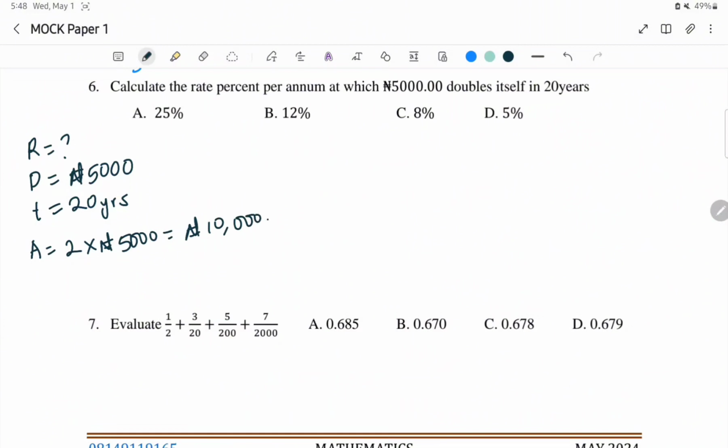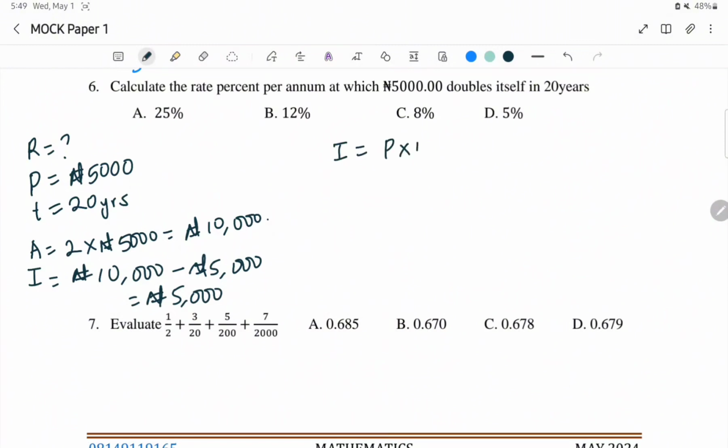And we know that interest is the difference between the principal and the amount. That means the interest is 10,000 naira minus 5,000 naira, which is also 5,000 naira. Now, from the formula, simple interest is principal multiplied by rate multiplied by time over 100.